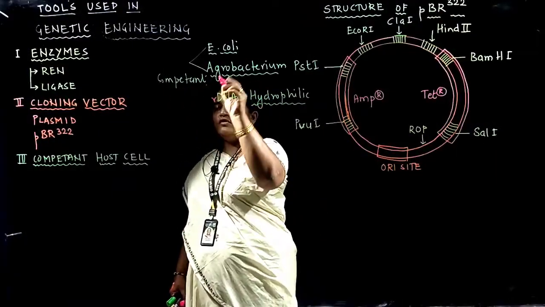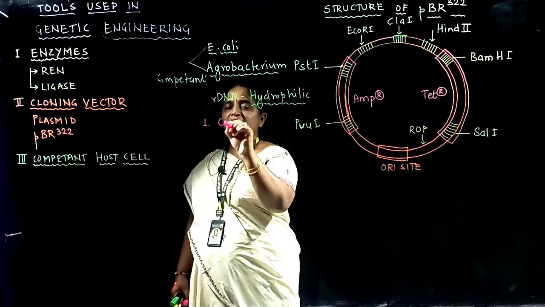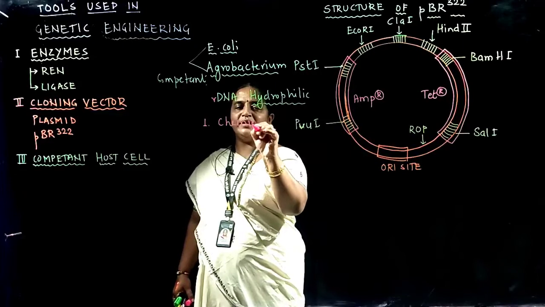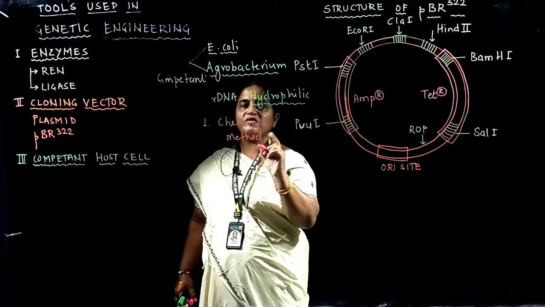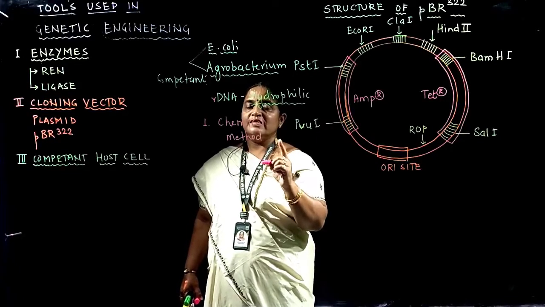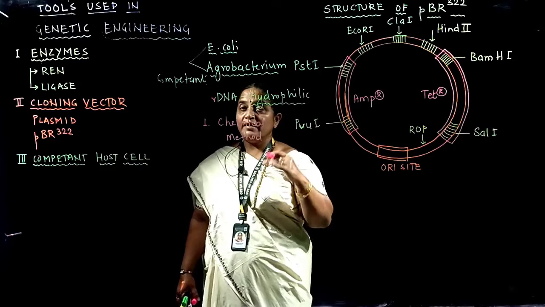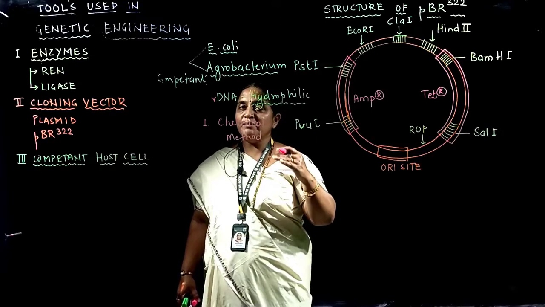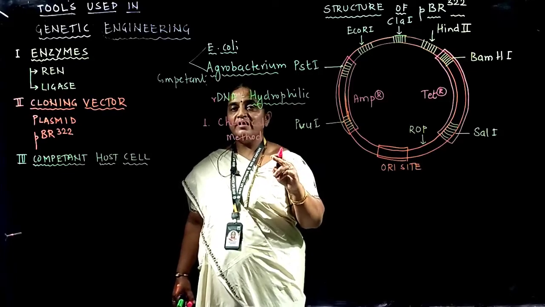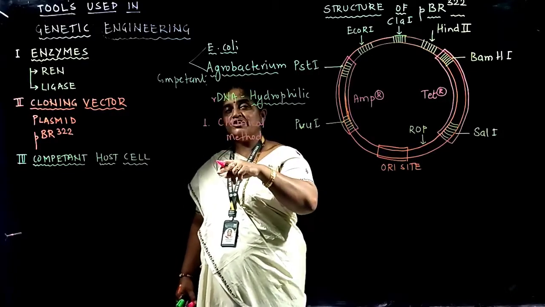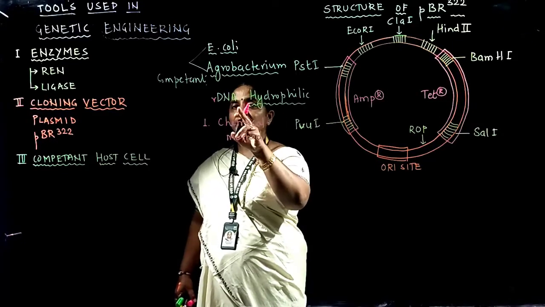To make the host cells competent to receive rDNA, the first method used is the chemical method, where the culture of host cells is kept at 0 degrees Celsius in ice cold medium, then slowly raising the temperature up to 42 degrees Celsius, adding calcium chloride, putting rDNA into the culture medium, we can make the host cell competent to receive rDNA.